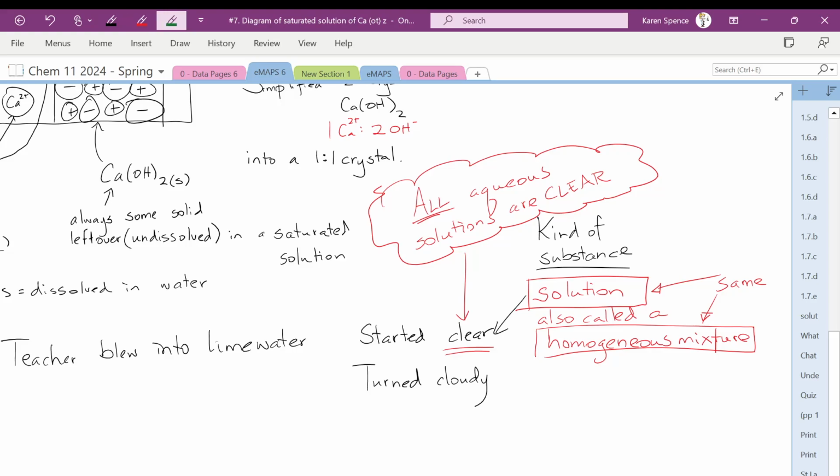All right, now the teacher blew into the water. It started out clear, so it was a solution. It turned cloudy, and because it turned cloudy, what kind of a substance did we have? The substance also starts with an S. Suspension, yes.